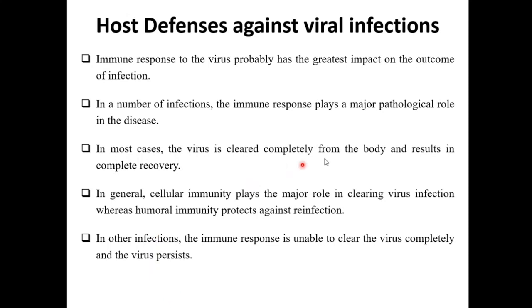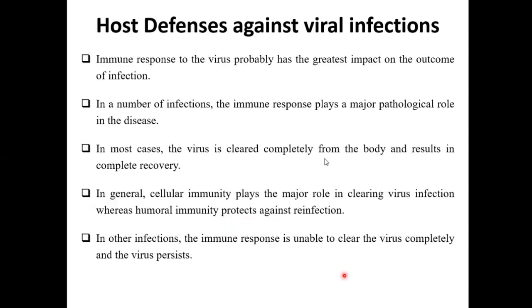In most cases, the virus is cleared completely from the body and results in complete recovery. But at other times the infection is unable to be cleared, and the viruses persist. Cellular immunity plays a major role in cleaning the viruses from the host, whereas antibody immunity, that is the B lymphocyte response, protects against reinfection.